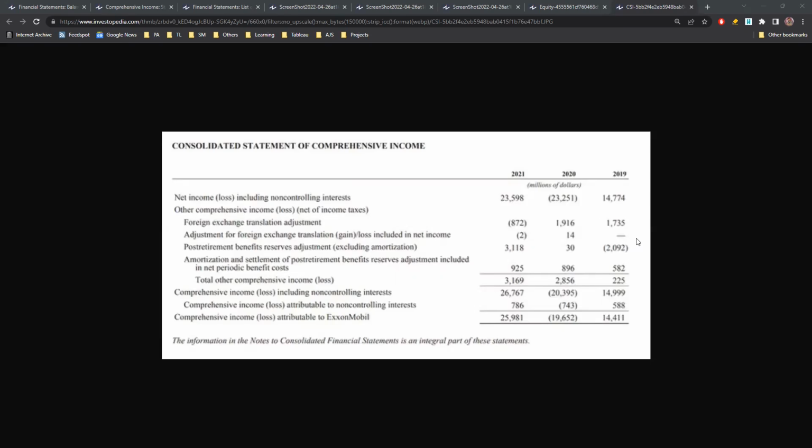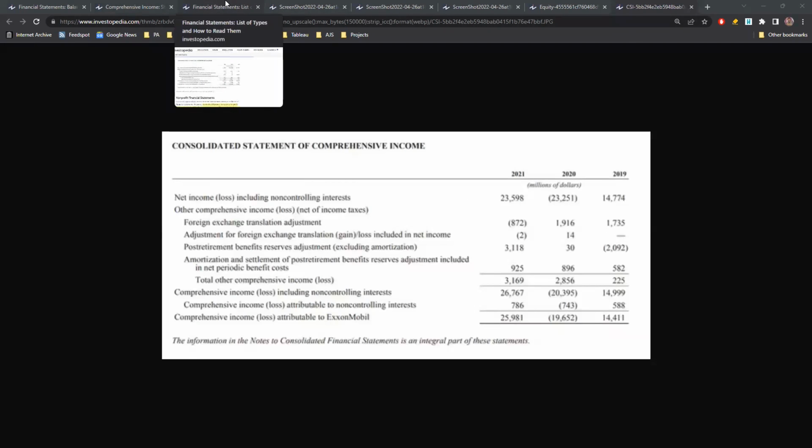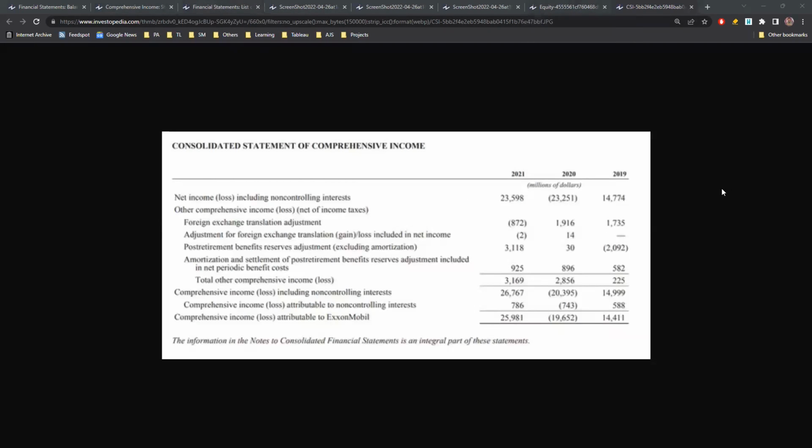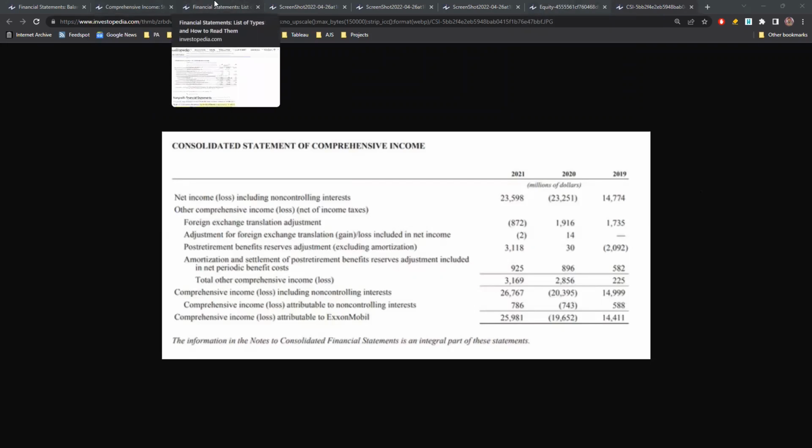Most of the times you may not see a separate statement called the comprehensive statement as we are calling it right now, but typically in the same income statement you'll sometimes see these elements put together in the footnotes or something like that after net income, as Sina was mentioning. Thanks, Sina. Good point. So that is the comprehensive income statement.